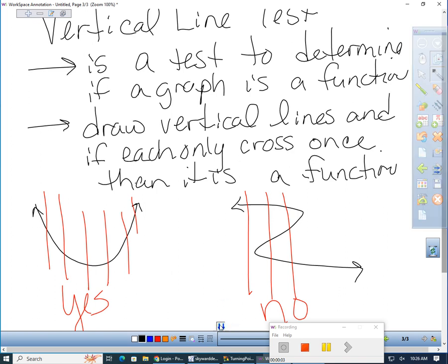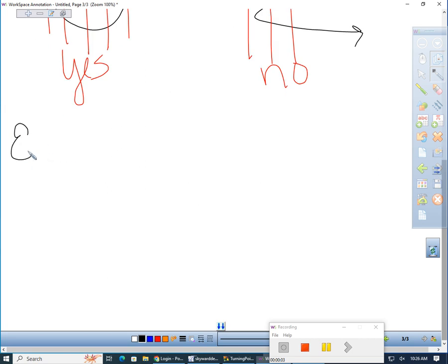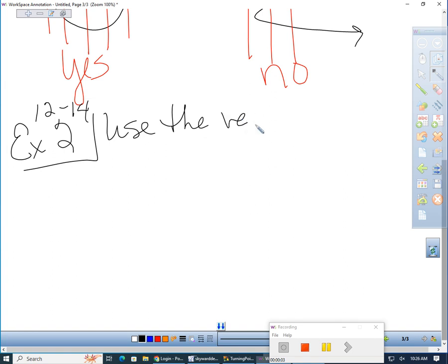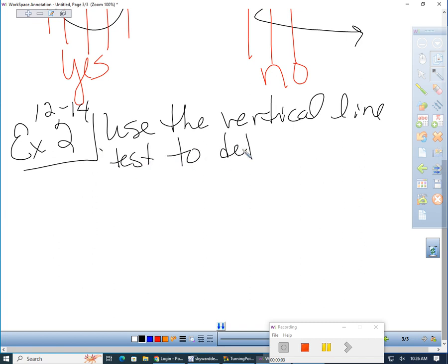Okay. All right, so here's example number 2. This is what you have to do for 12 and 14. Use the vertical line test to determine if a function.